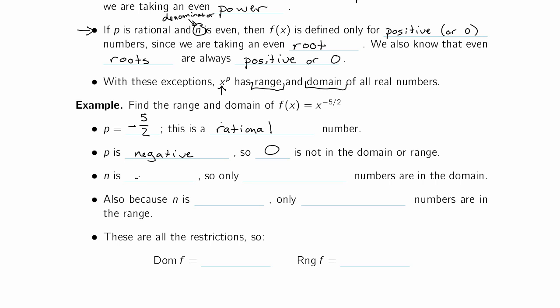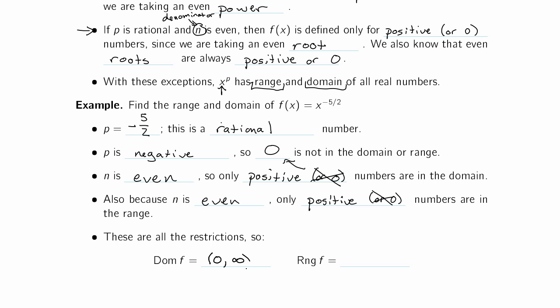N, our denominator, is even, so only positive numbers, or 0, but we already threw out 0 here, are in the domain. Also, because n is even, only positive numbers, again, or 0, but we threw those out, are in the range. So the domain is all the positive numbers, that's 0 to infinity. The range is also all the positive numbers, that's 0 to infinity.